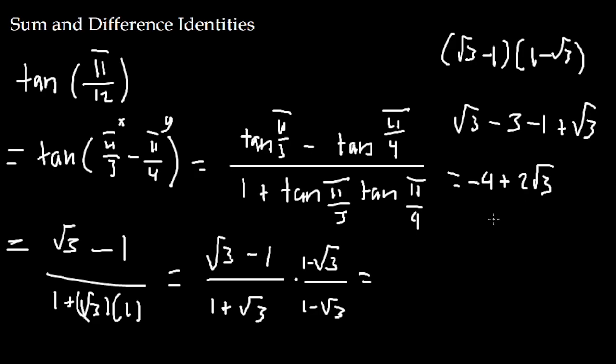Now, we can try using our calculator. Square root of 3 minus 1. Make sure that your minus 1 is outside the radicand. Radicand nga pala tawag doon. Plus 1 minus square root of 3 is negative 4 plus 2 square root of 3.